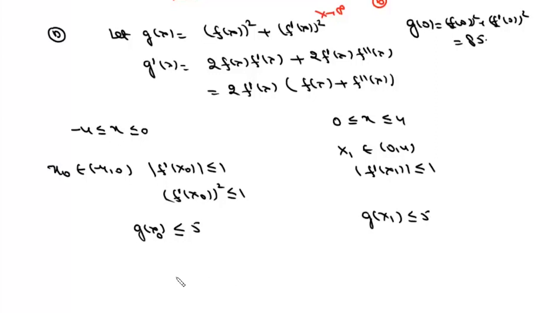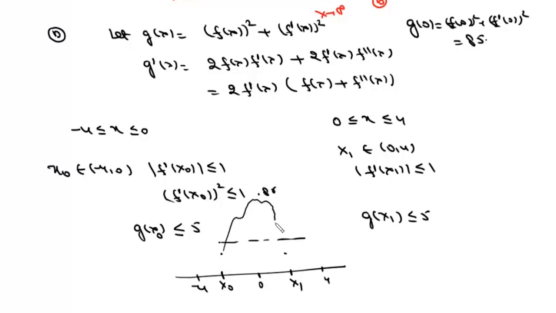Now if you look at this interval between x0 and x1, which lies between -4 and +4, this function will start at some value less than 5 and end at a value which again is less than 5, and at 0 this value is 85. So this function will increase and decrease in some way and then come back to this lower value.